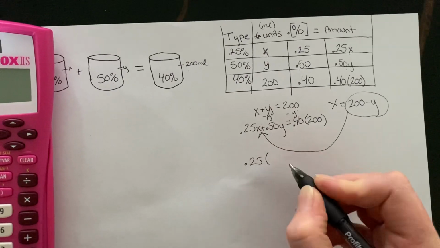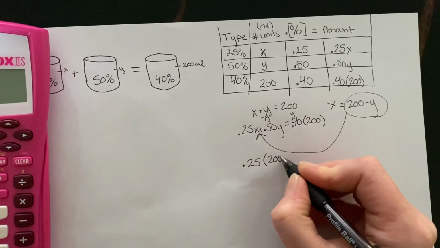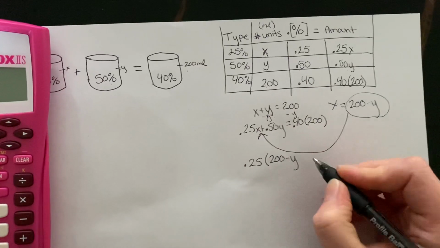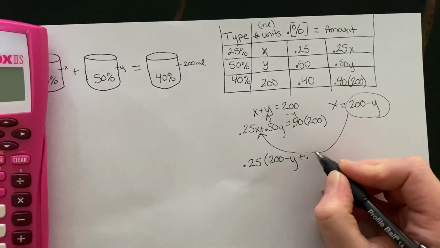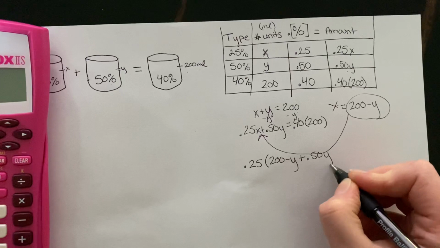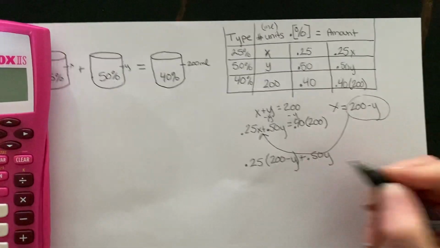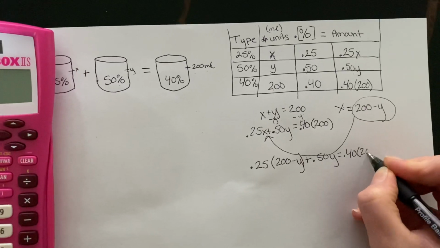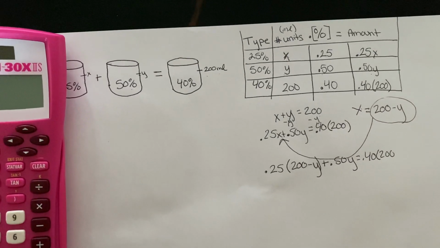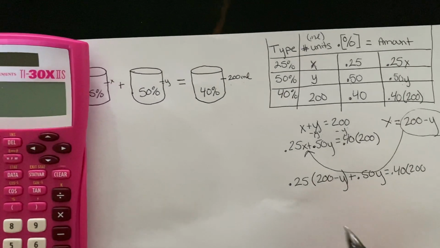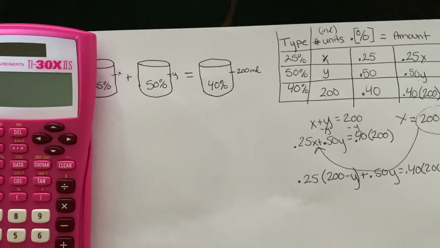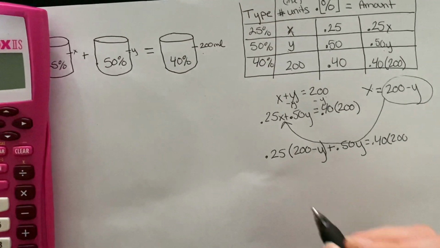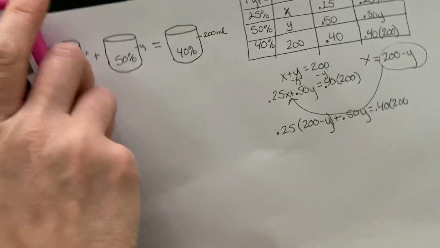So now we can take this and plug it in here for X, which would give us 0.25 times 200 minus Y plus 0.50Y equals 0.40 times 200. Okay, so now we just solve.